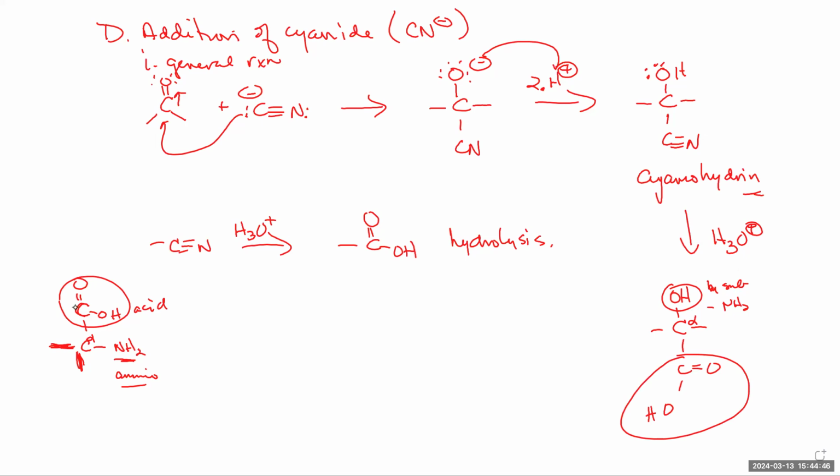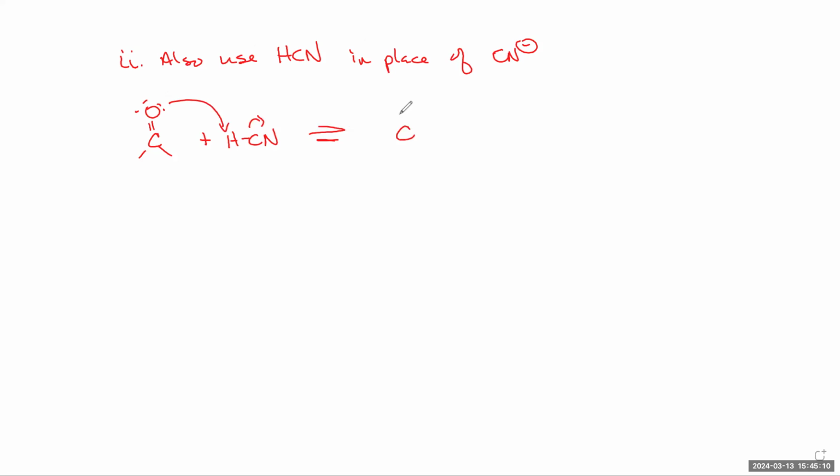You can do this reaction also by using the weaker nucleophile under acidic conditions. So you can also use HCN in place of CN minus, and you'll get the same thing, because now if you put in HCN, you can protonate this and get cyanide, and now the cyanide will really attack here.